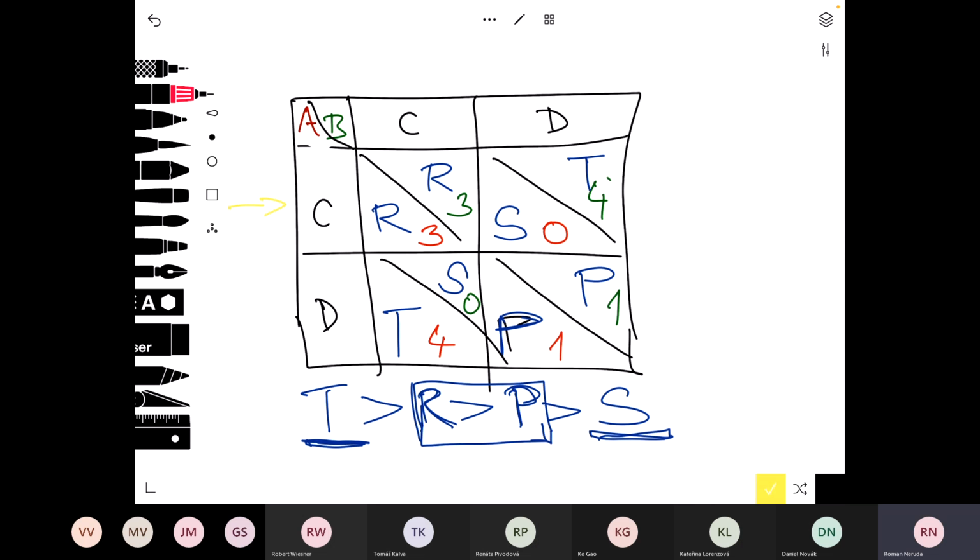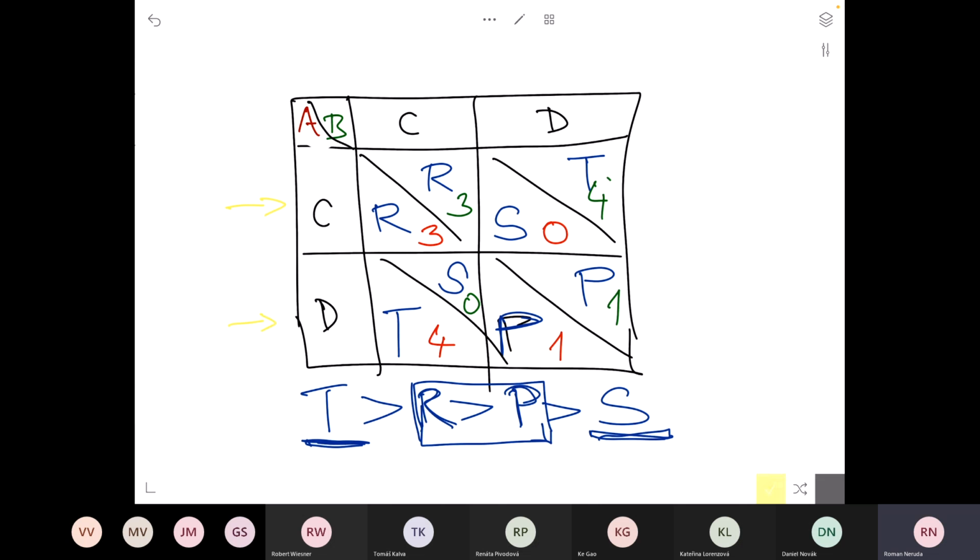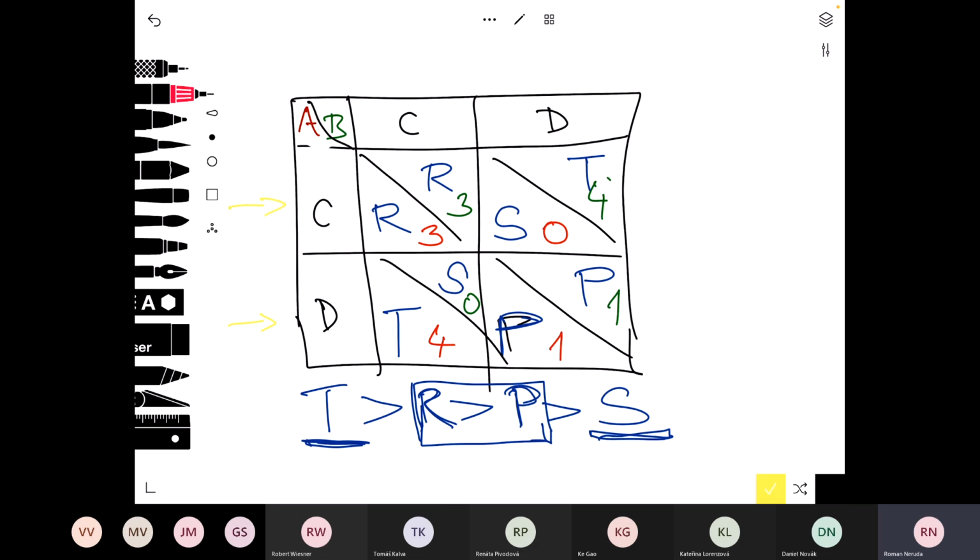Imagine I'm defecting. In case D betrays me, I'm getting 1. And I'm getting more for the cooperation part. But this is important, right? So for me, as an agent A, I will defect. Do we understand why I've chosen defect?